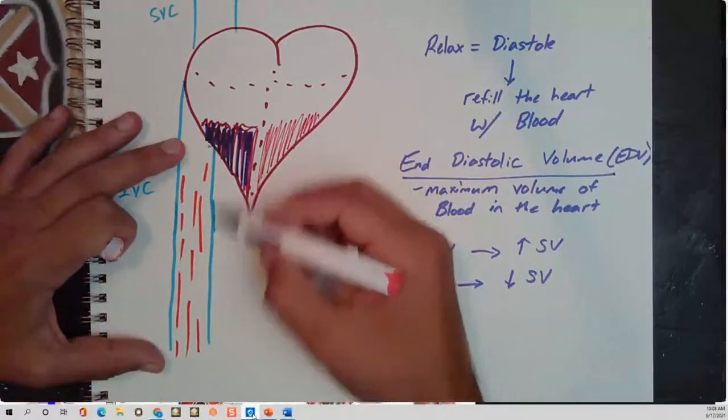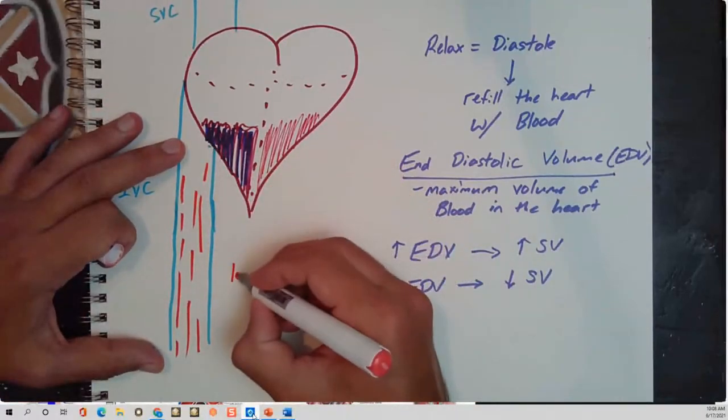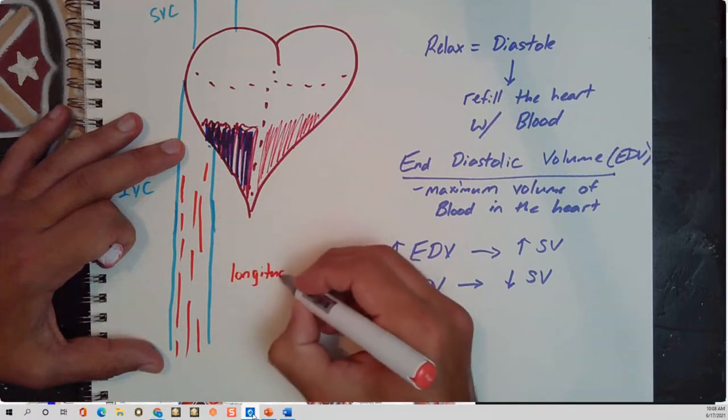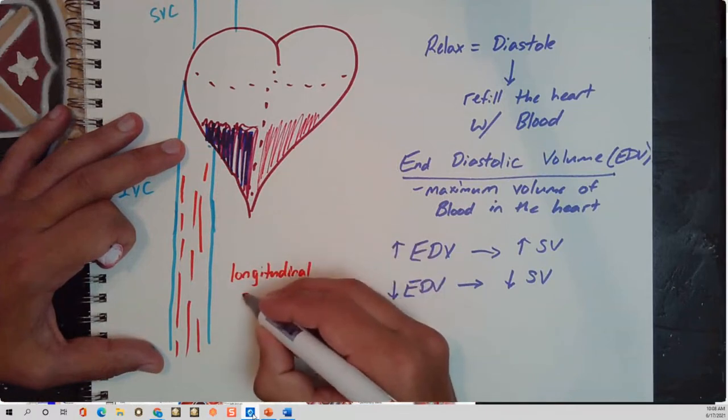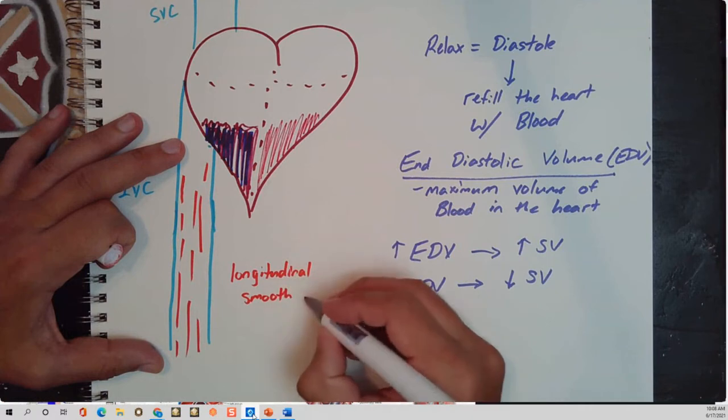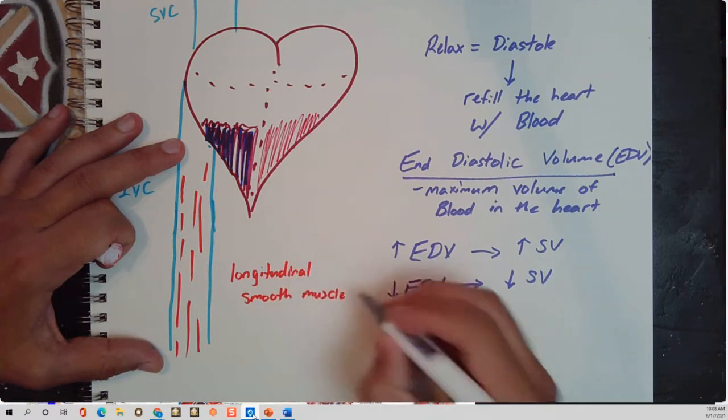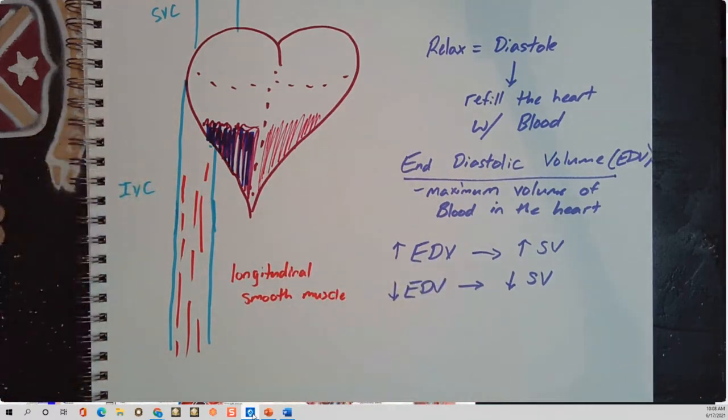These are called longitudinal smooth muscle. Don't worry too much about this yet. You're going to be learning more about this next week.